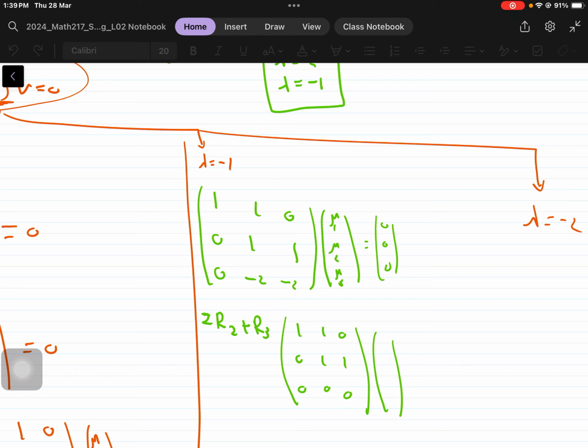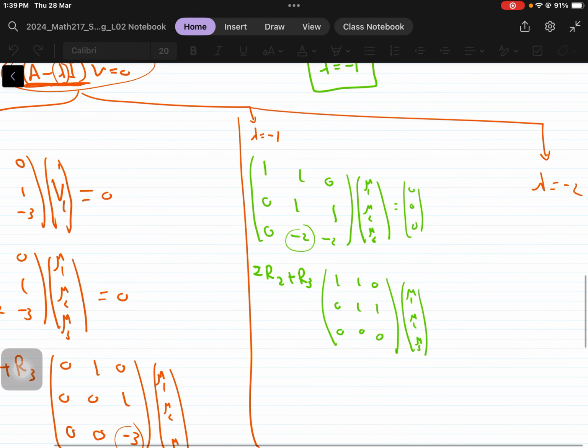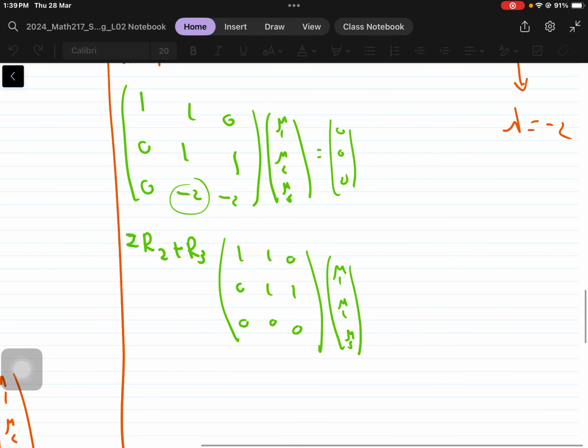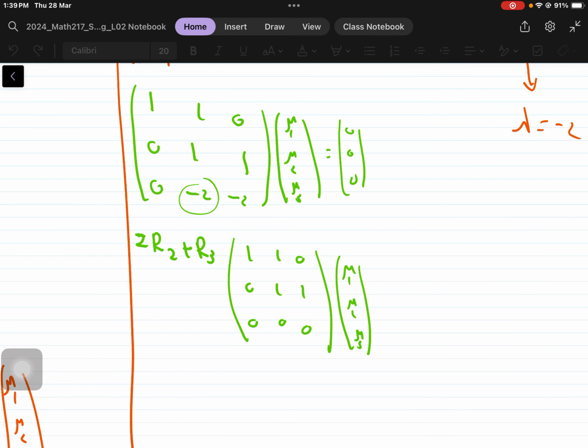Why did you choose 2? Because my aim is to make this 0. What is the number? If we multiply it with 1 and add it to this, will be 0. 2.